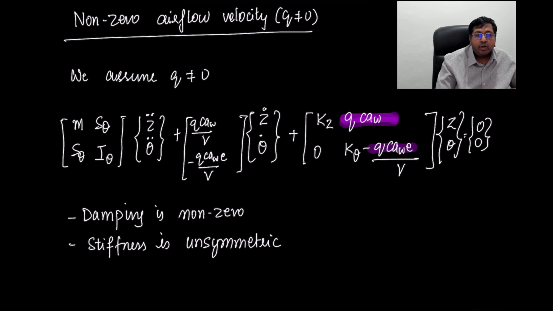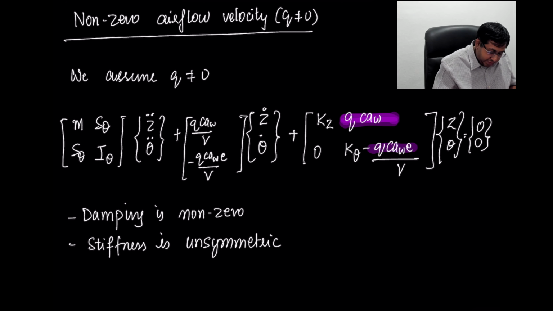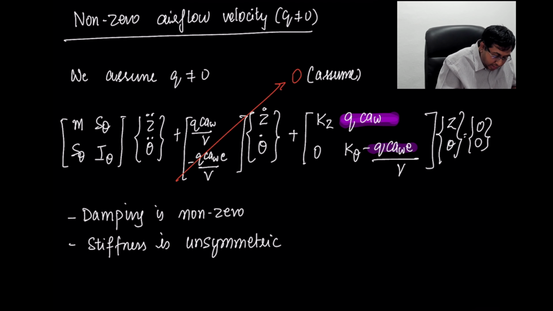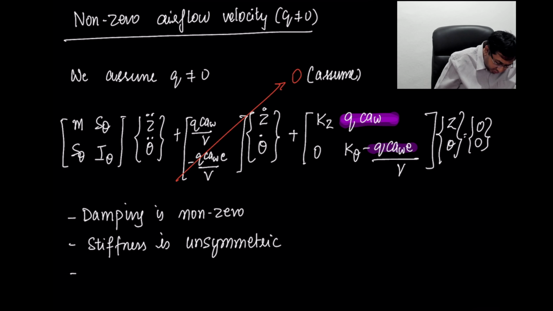Okay, so without loss of generality, let's assume that our damping is 0, because I want to make my life a little easier. Why am I assuming this? Because I don't want terms like lambda to the power of 3 in my characteristic equation. If they are not there, then it makes it easier for me to look at and analyze the scenario. So I just want to make sure that these terms don't exist, right? So there's also stiffness coupling.